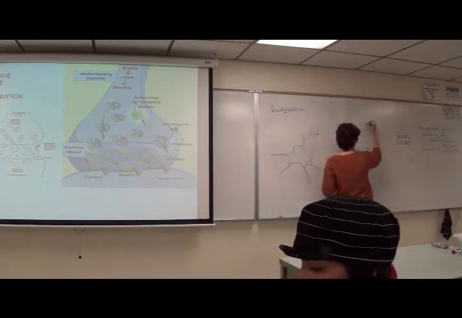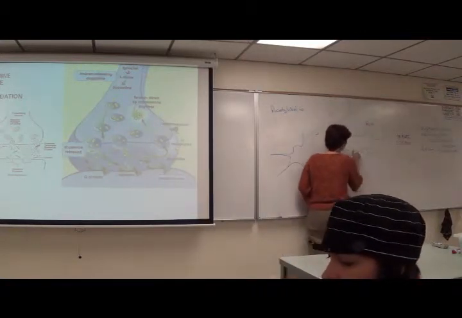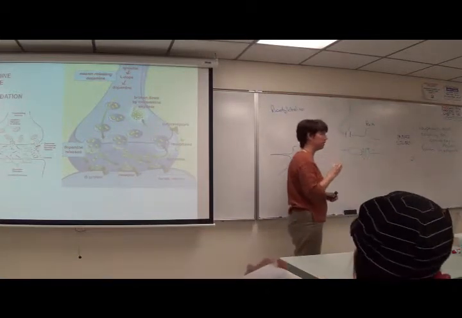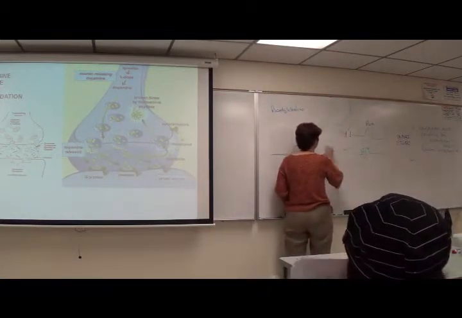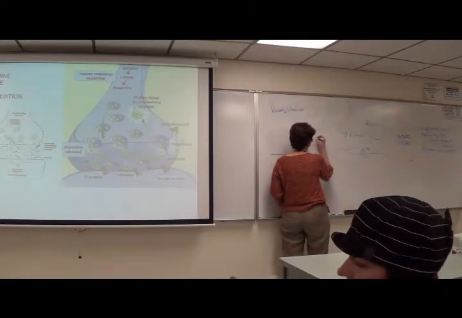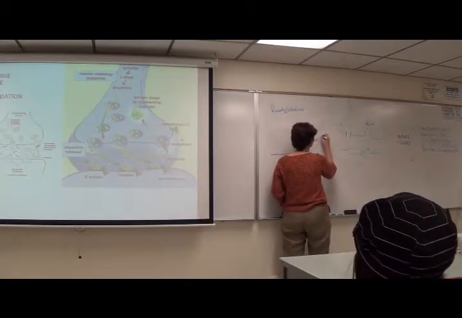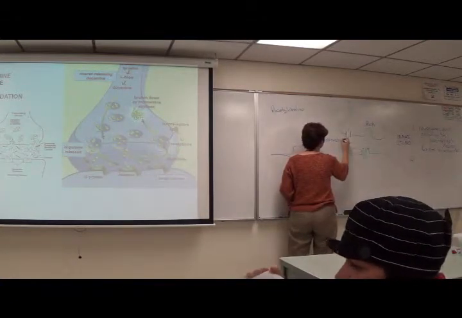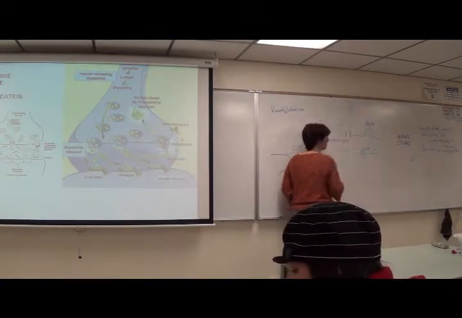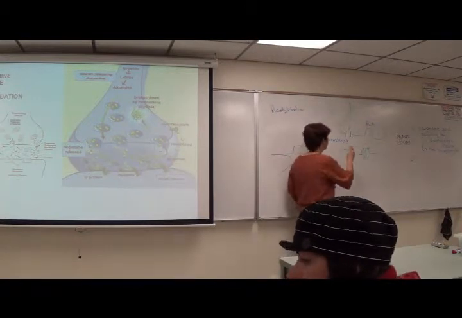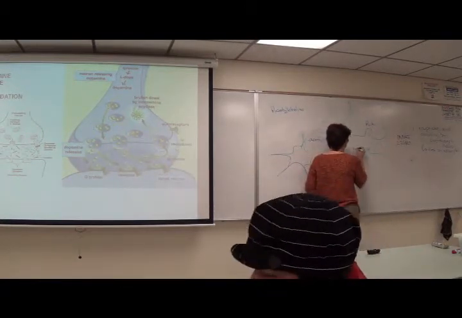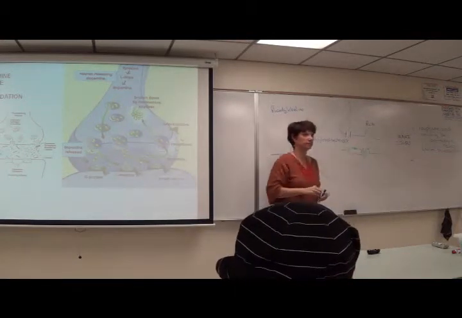So if this is acetylcholine, there is an enzyme present in the membrane of the postsynaptic neuron identified as acetylcholinesterase. And it's going to bind acetylcholine and break it down.